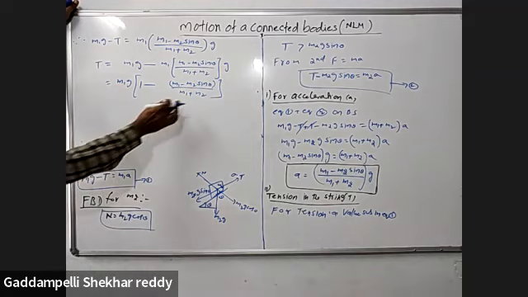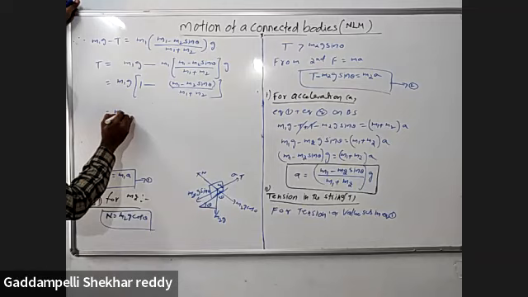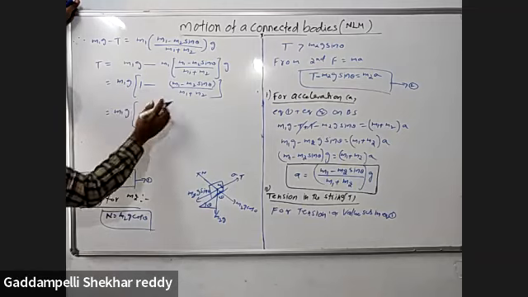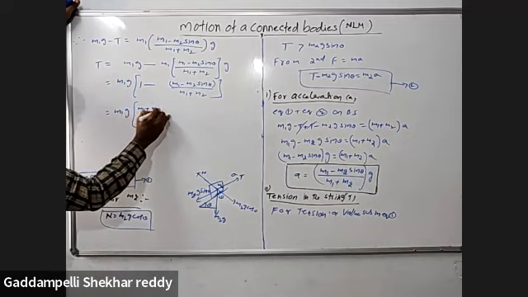Now take the LCM M1 plus M2; the denominator of 1 is M1 plus M2.